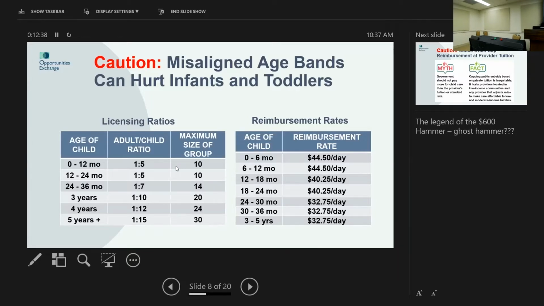As a state administrator, I just want to say thank you. We are changing our rates right now and never looked at it this way. I know that we try to align a lot of things with our licensing. There's a lot in Nevada that is set up that way, but I don't know where those age buckets fall.